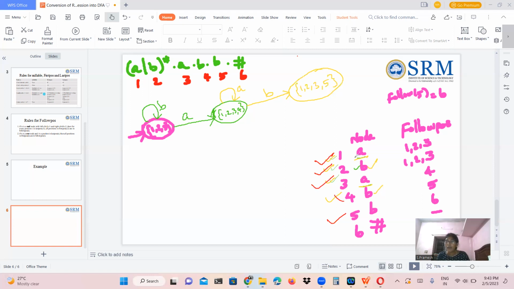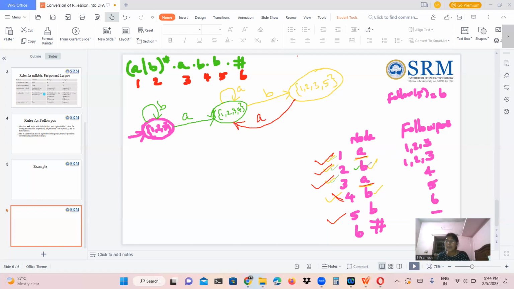So I have this symbol A and this A. That's it. Only two places I have a symbol. What is that value? This is 1, 2, 3. This is 4. So 1, 2, 3, 4. That is already there. So I'm going to give from here to here the A symbol.